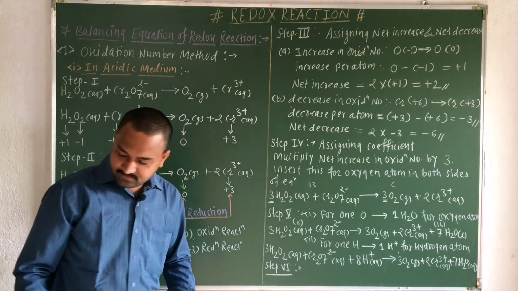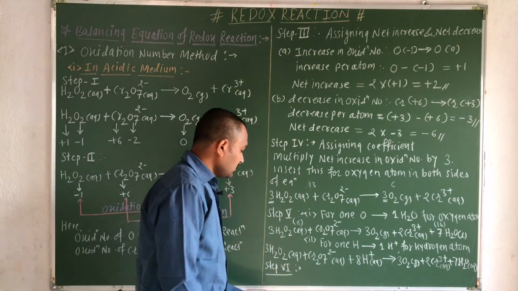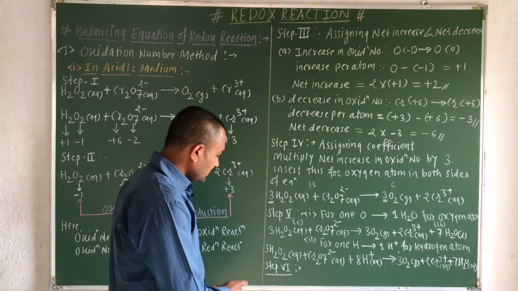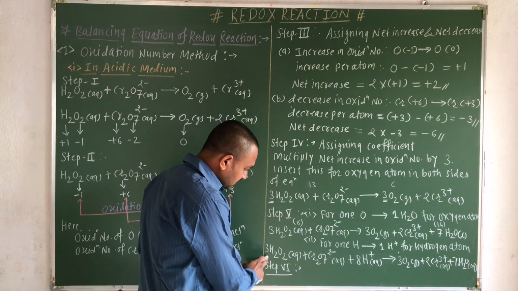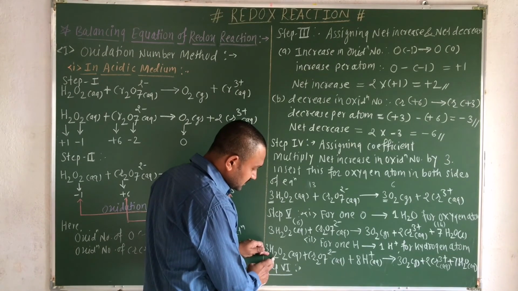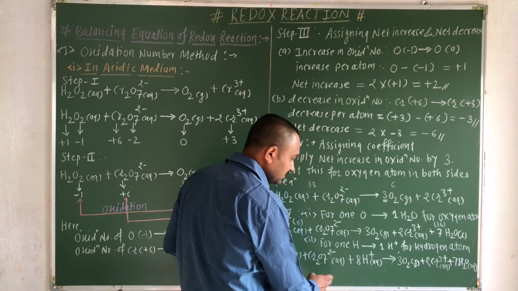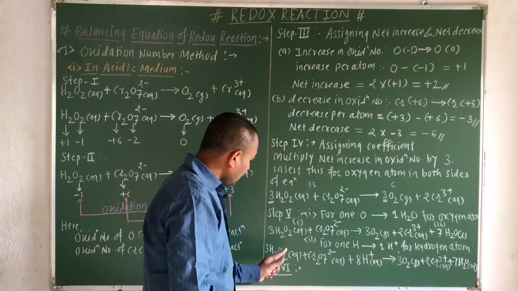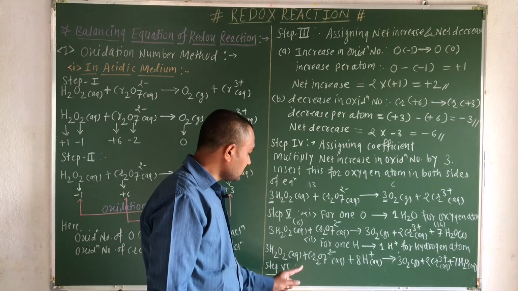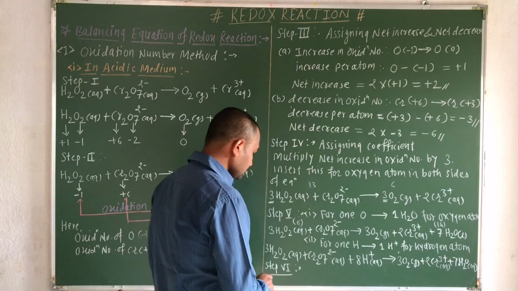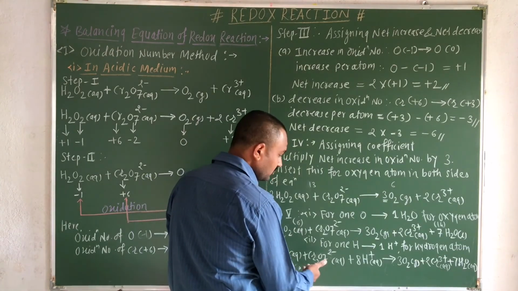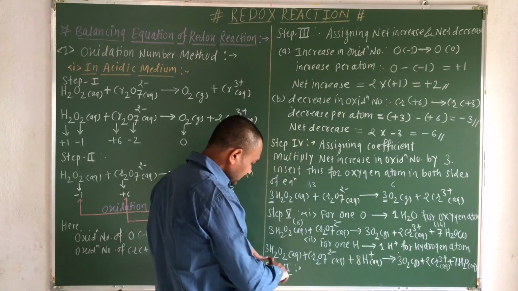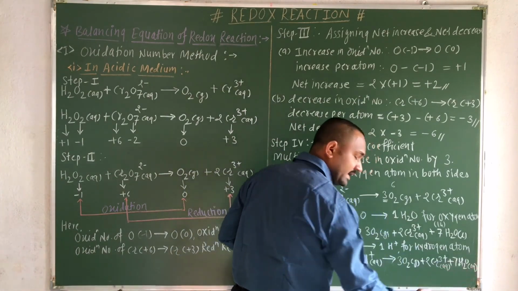How many hydrogen atoms? 3 into 2, 6 plus 8, 14. Obviously here there are also 14 hydrogen atoms. Again oxygen atoms: 3 into 6 plus 7, 13. What about chromium? It is already balanced, which means all atoms are balanced here.